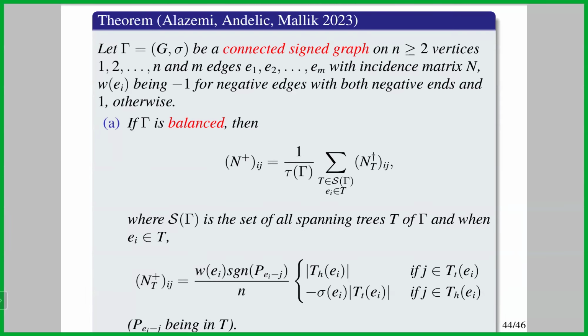This is a combinatorial formula, but still things are not clear. If you want to do it for a particular class of balanced signed graphs, you need a more precise formula, which may not be easy. That's why there are a lot of open problems you can work on.